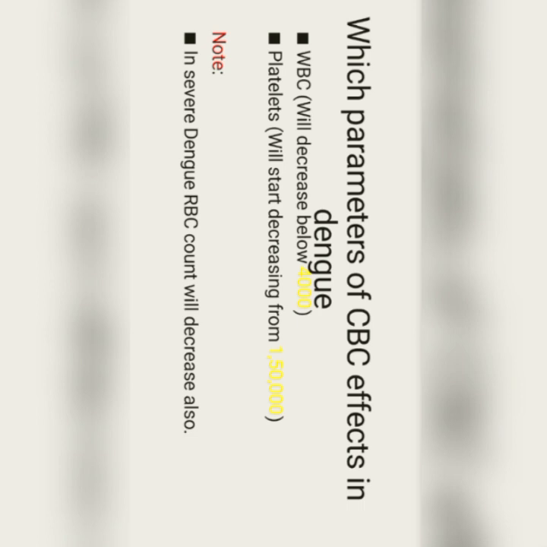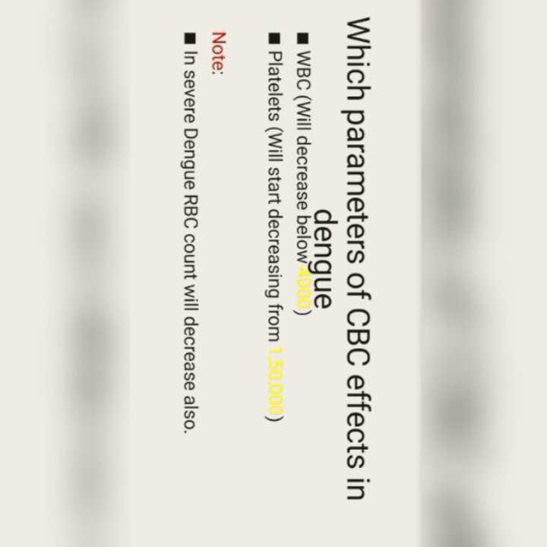Which parameters of CBC are affected in dengue? WBC will decrease below 4,000.